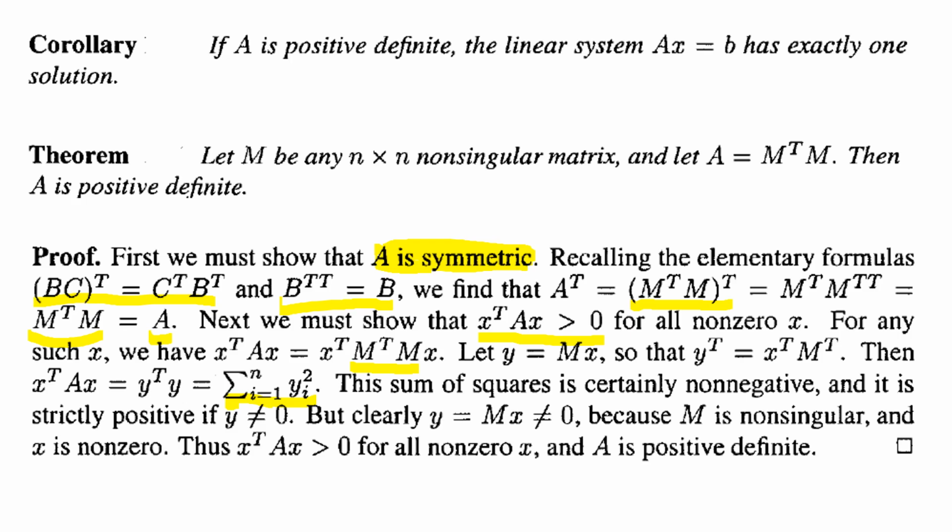If y is not equal to 0, then surely this sum will give us a positive result, and it is clear that y equal to Mx is not equal to 0 because M is non-singular and x is non-zero. Thus, we obtain the result x transpose Ax is greater than 0 for all non-zero x, and A is positive definite.